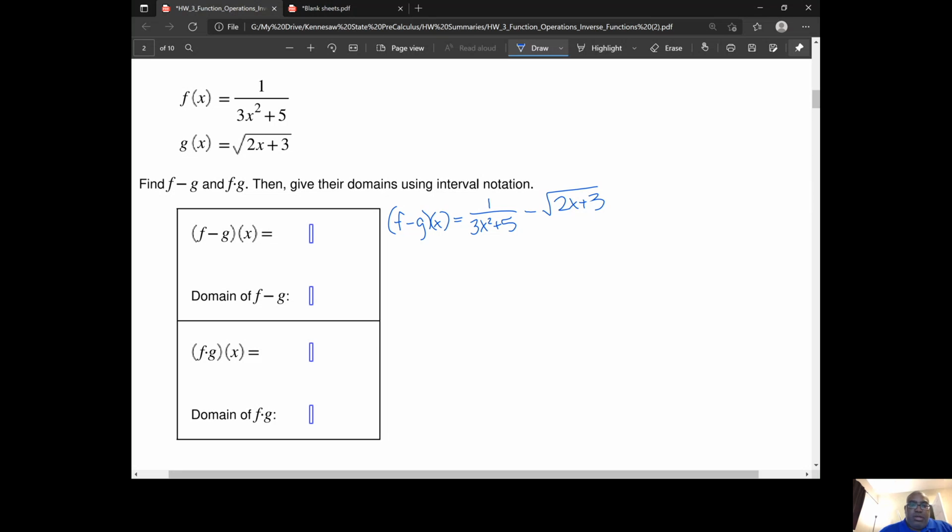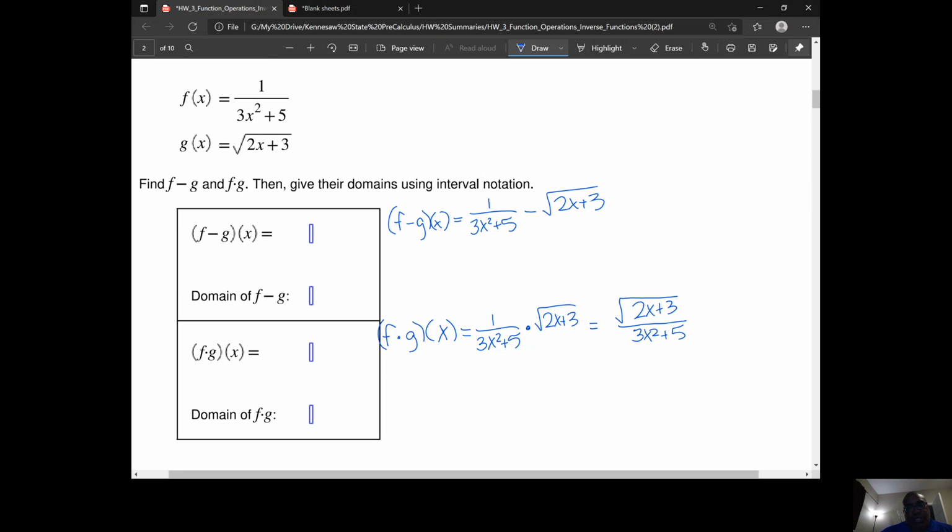F times g is equal to 1 over 3x squared plus 5 times square root of 2x plus 3, which is just equal to square root of 2x plus 3 over 3x squared plus 5. Easy part.